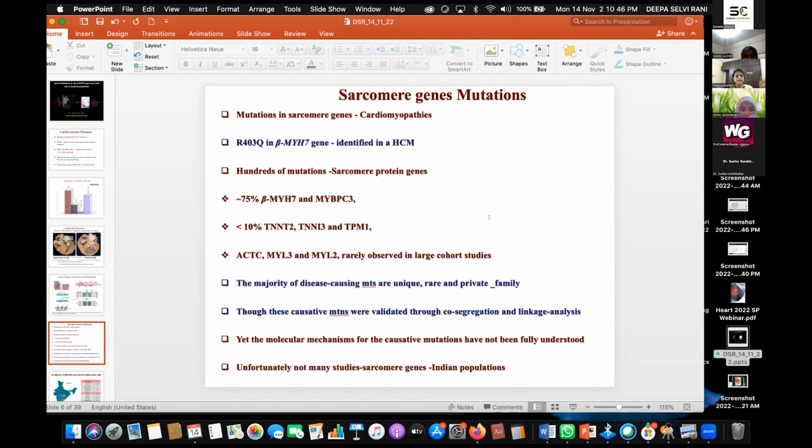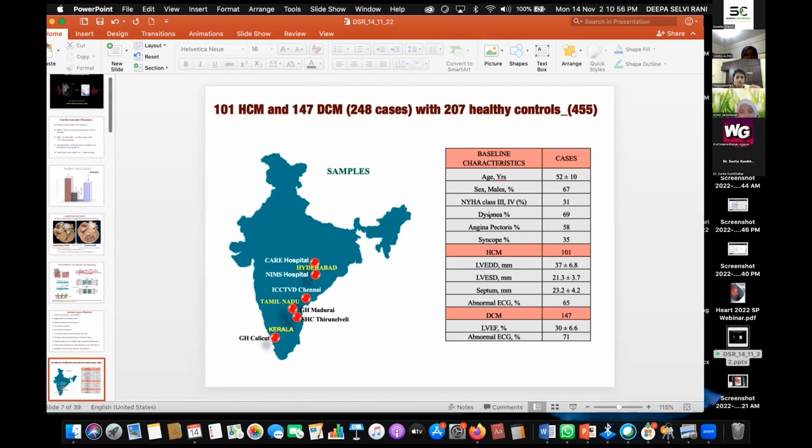Unfortunately, not many studies on sarcomeric genes are available in the Indian population. So we have analyzed 101 hypertrophic cardiomyopathy cases and 147 dilated cases versus 207 healthy controls.